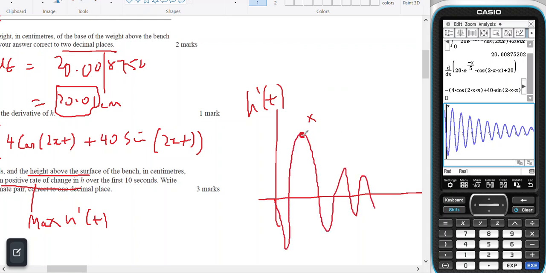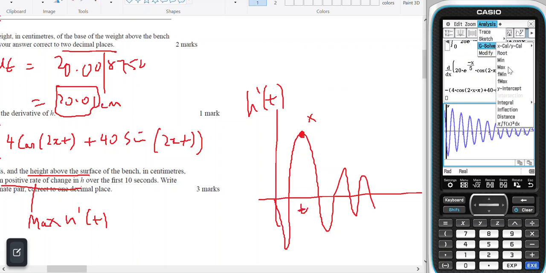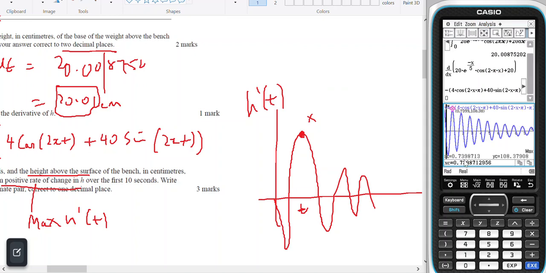I'm looking for this time. So I go analysis, G-solve max, and that time is 0.739, 0.73987. So that's my x time.